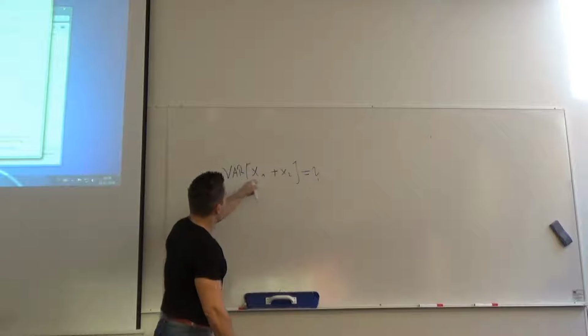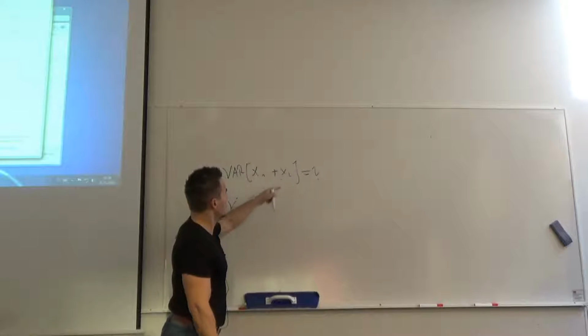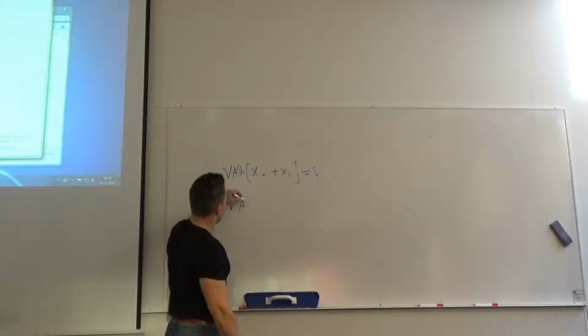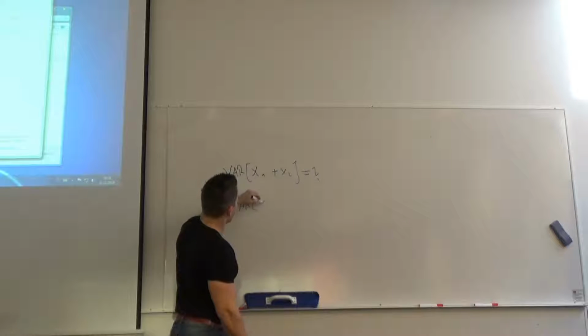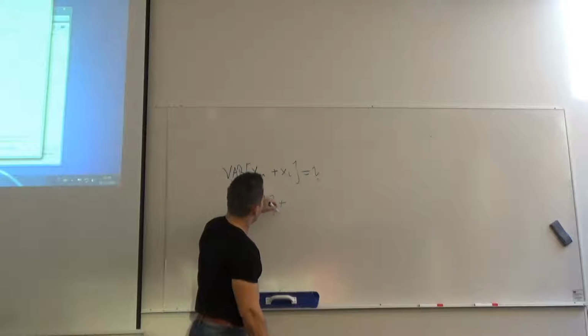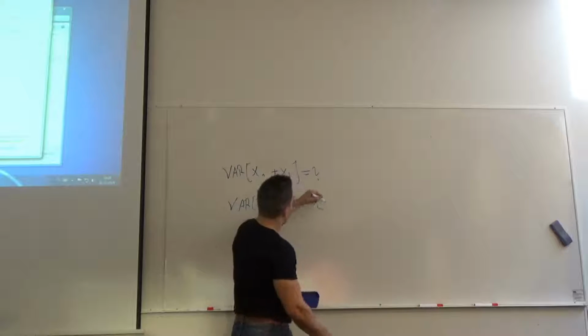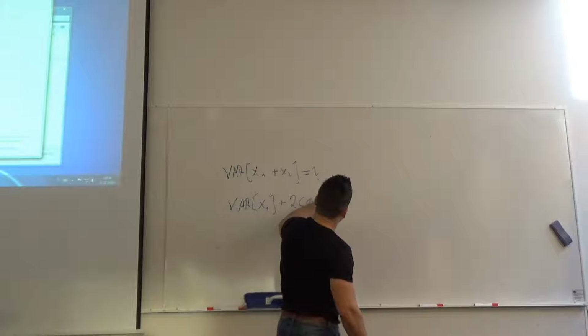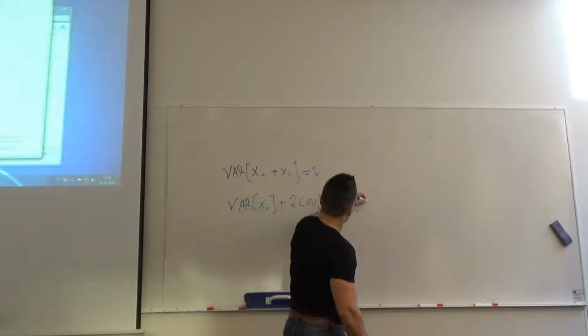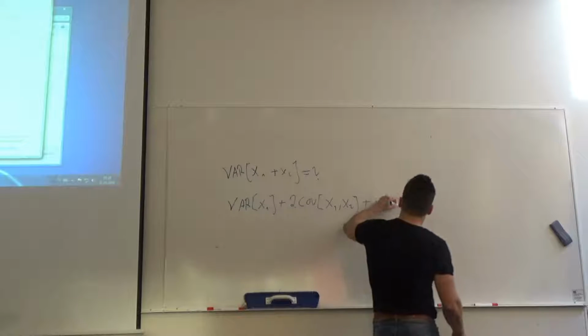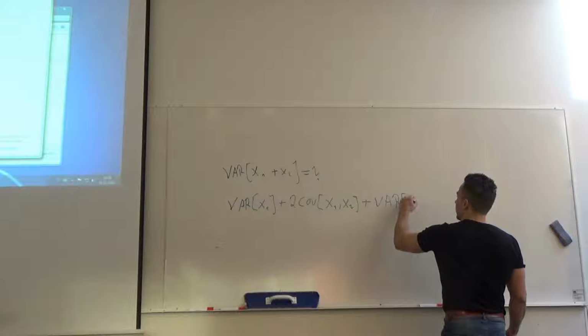The variance of this linear combination of two random variables is the variance of the first one, plus 2 times the covariance of these two random variables, x1 and x2, plus the variance of the second one.